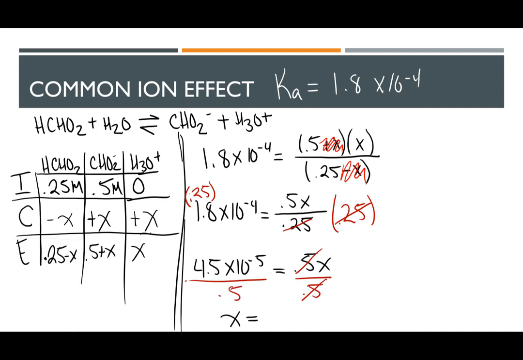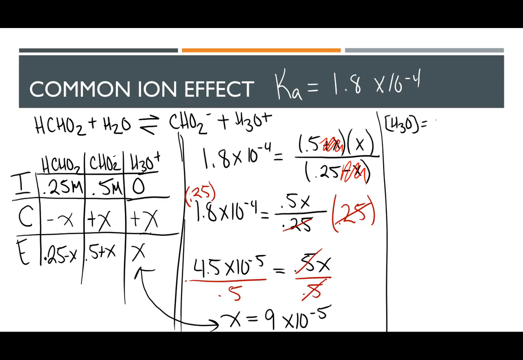So x equals 4.5 times 10 to the negative fifth divided by 0.5, and we get 9 times 10 to the negative fifth. So remember, what is x? X is the hydronium concentration. So 9 times 10 to the negative fifth.